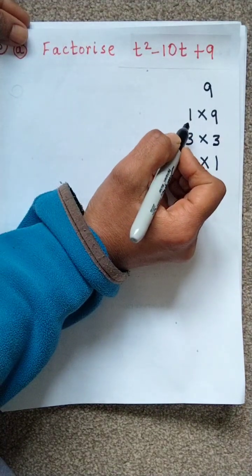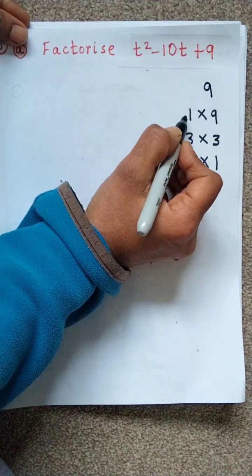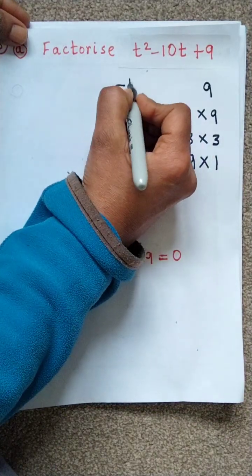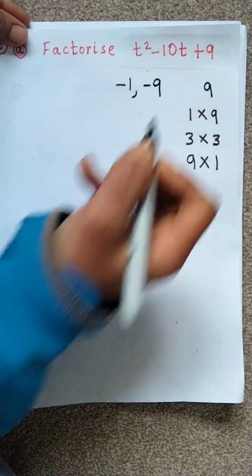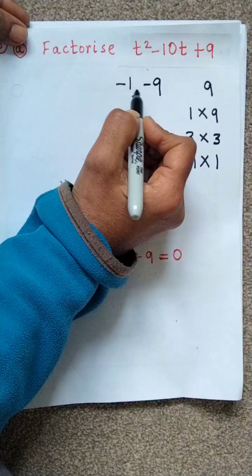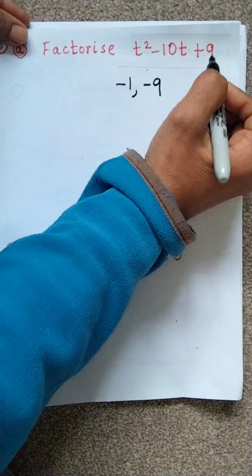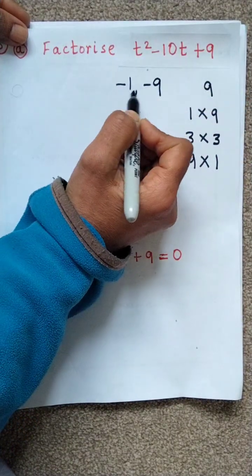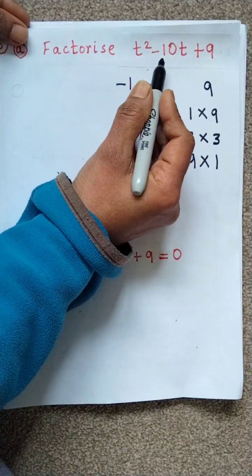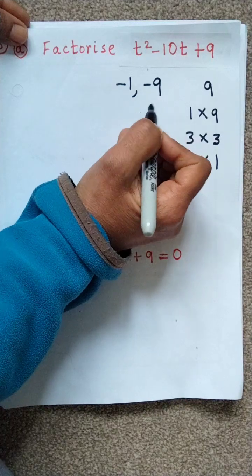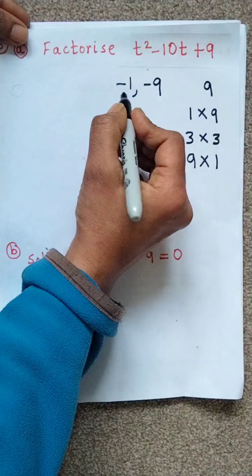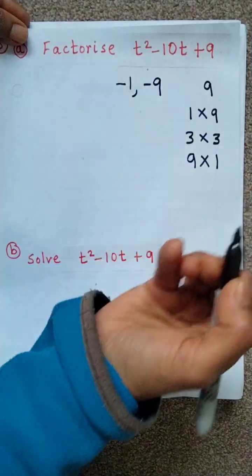So minus 1 and minus 9. When we multiply, we get plus 9, and when we add, we get minus 10. So the numbers are minus 1 and minus 9.